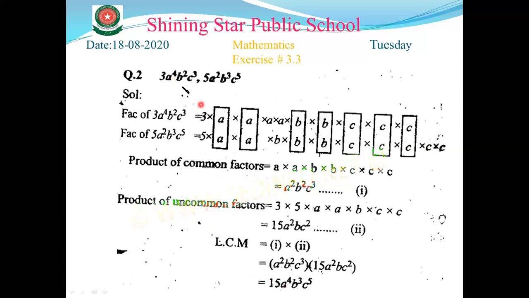Next is b. Check the highest power of b. You will find 3, so your answer is b power 3. Next, what is the greatest power of c? You will find 5. Check c power 3 and c power 5. So 5 is greater. In the answer, you will get c power 5.